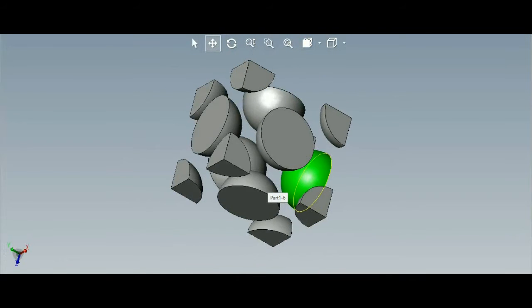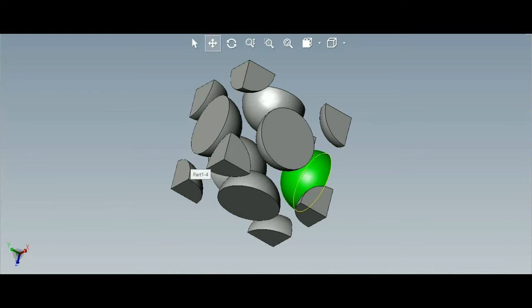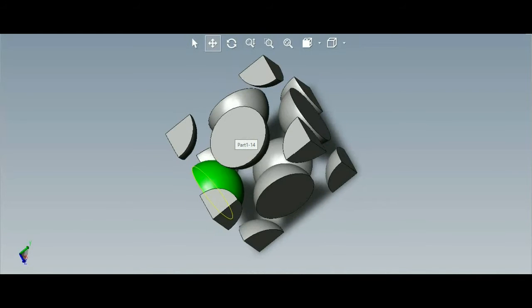It becomes 8 into 1/8 of an atom, that is 1, plus 6 into 1/2 of an atom, that is 3. So its coordination number is 4. This kind of structure is made by gallium.